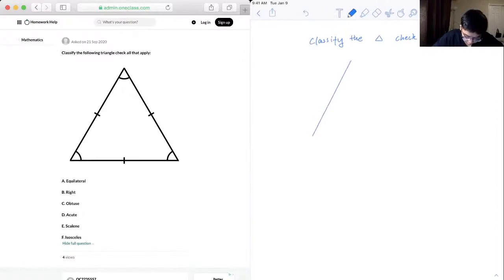So here's the triangle, and they have the same length of side, same degree of angles.